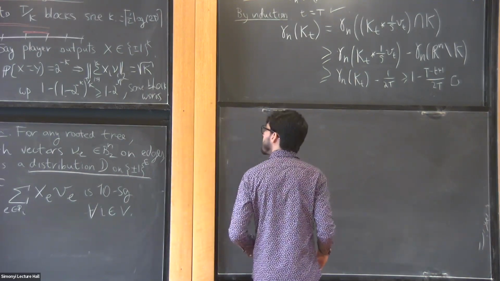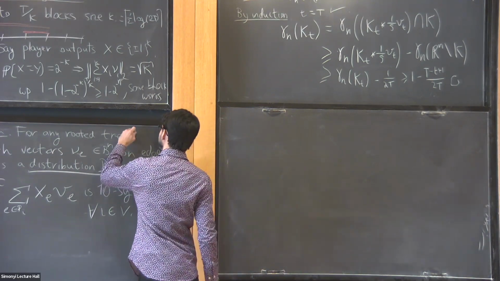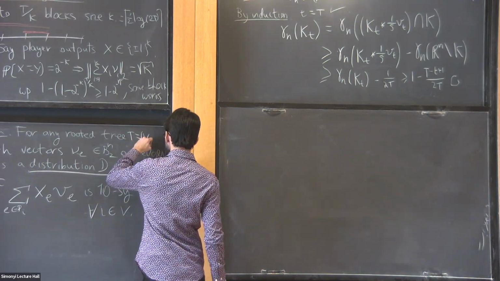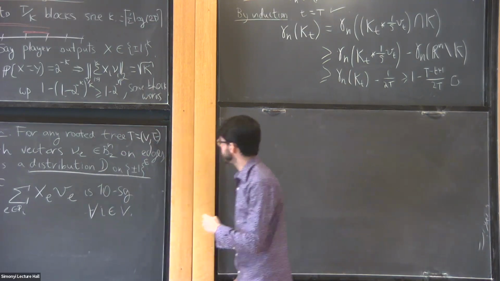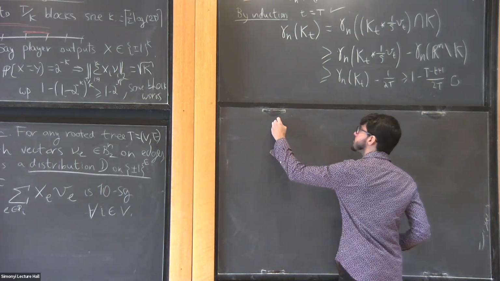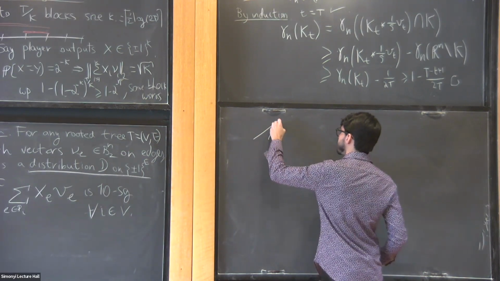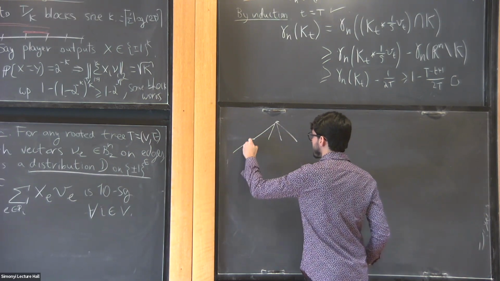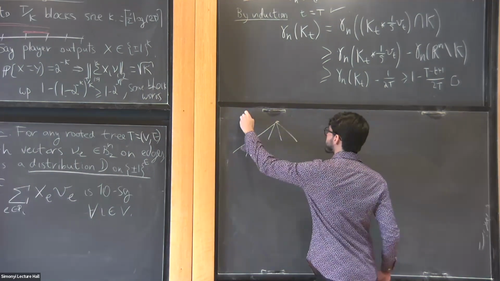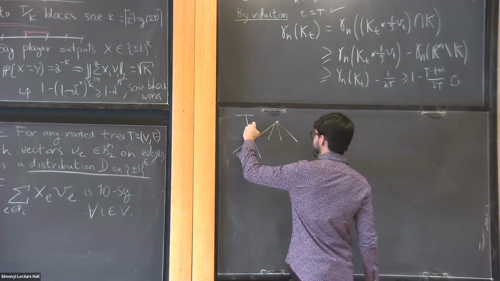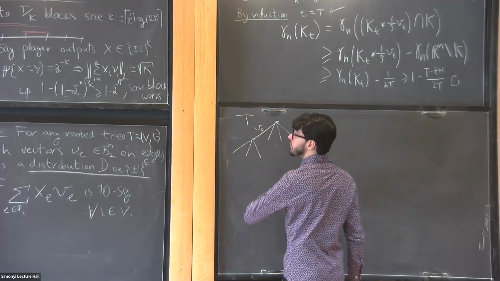I'll take my tree T. So here's my tree. It has some vectors on the edges.